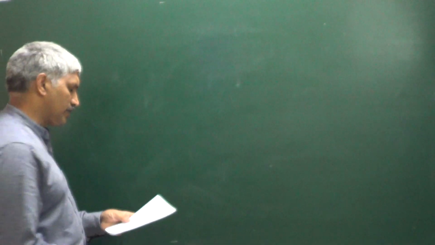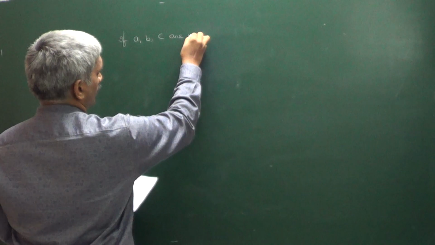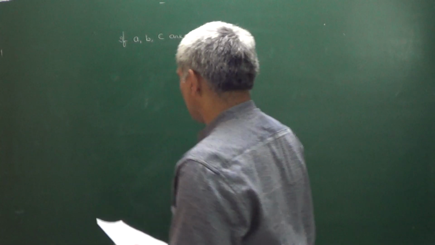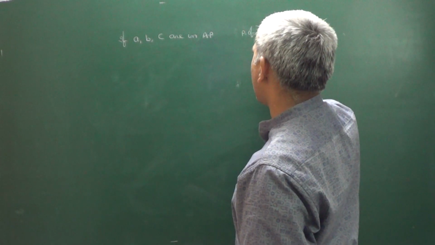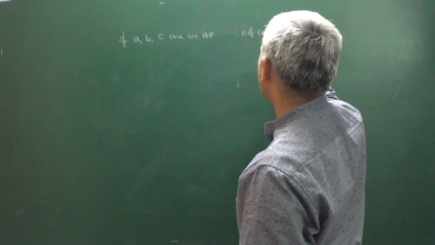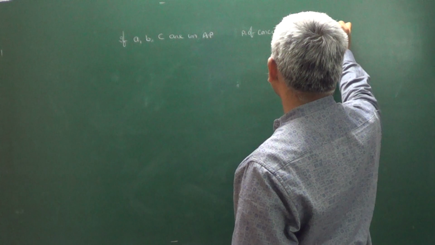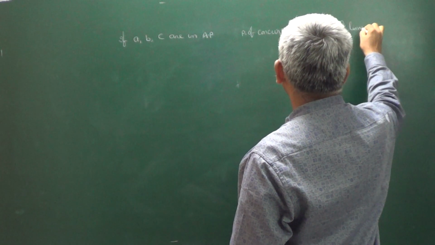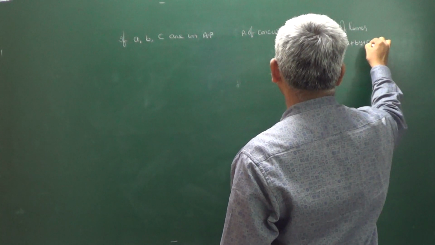Now the question is given in this way: if A, B, C are in arithmetic progression, then the point of concurrence of the family of lines AX plus BY plus C is equal to 0.